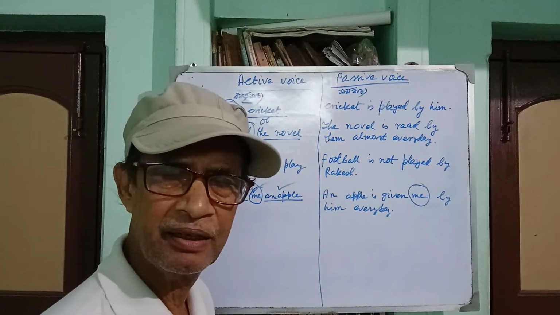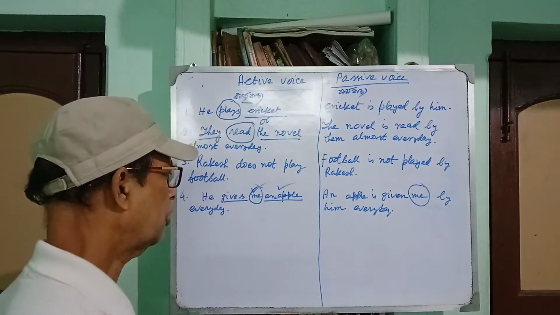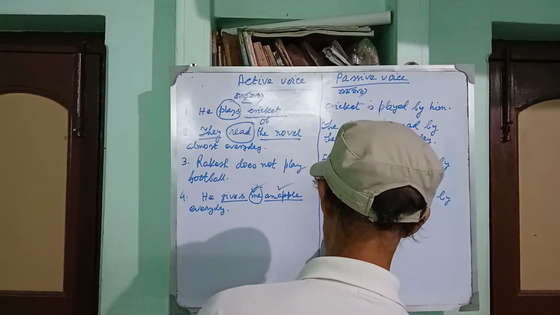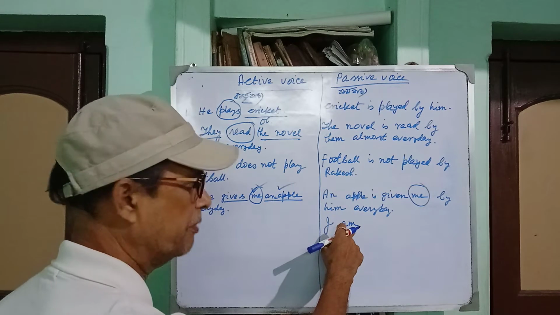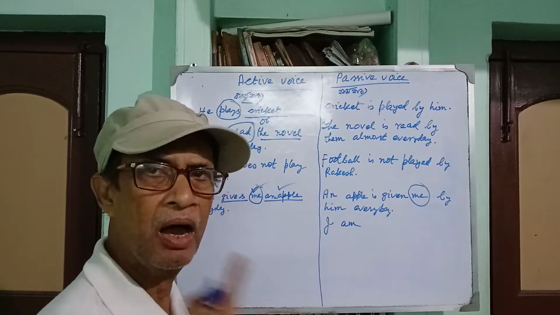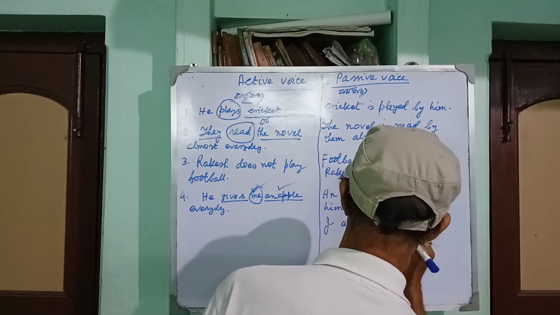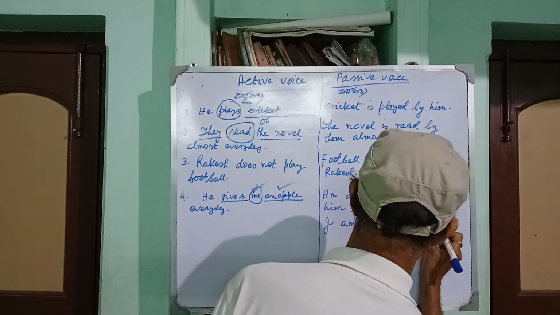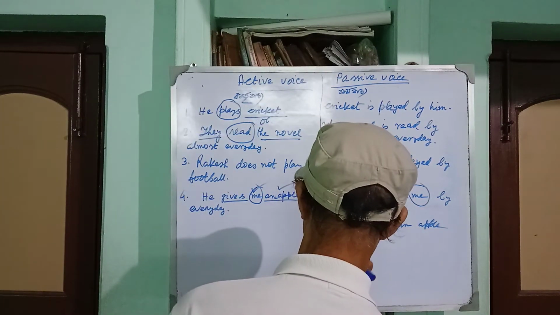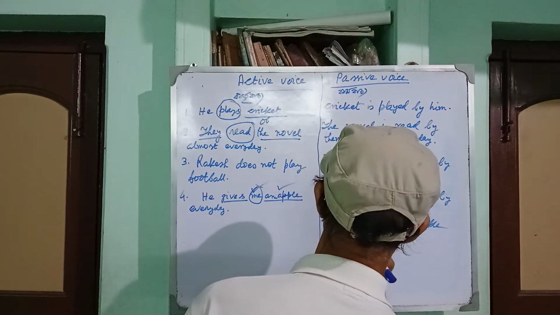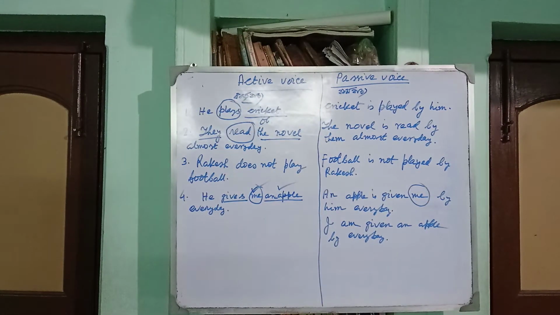Me is the object and its subject form is I. So it may be: I am given an apple by him every day. I takes the verb form am. Okay. Now let us conclude.